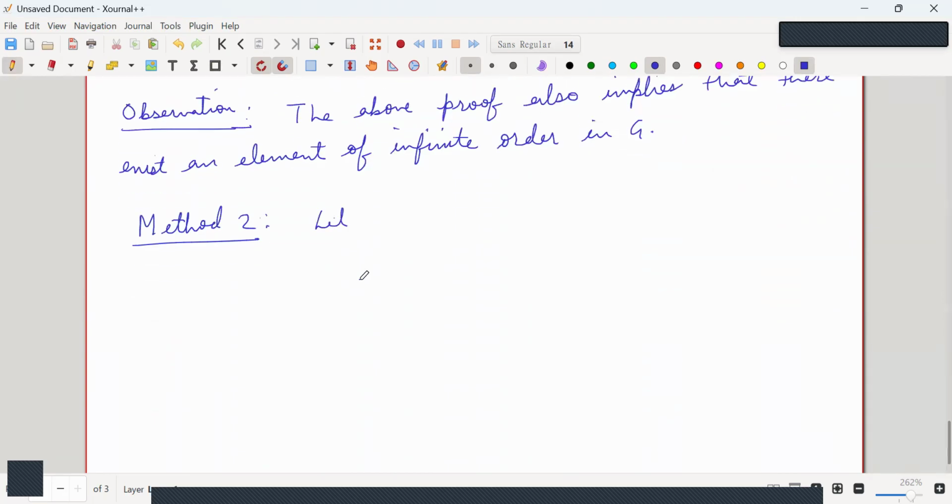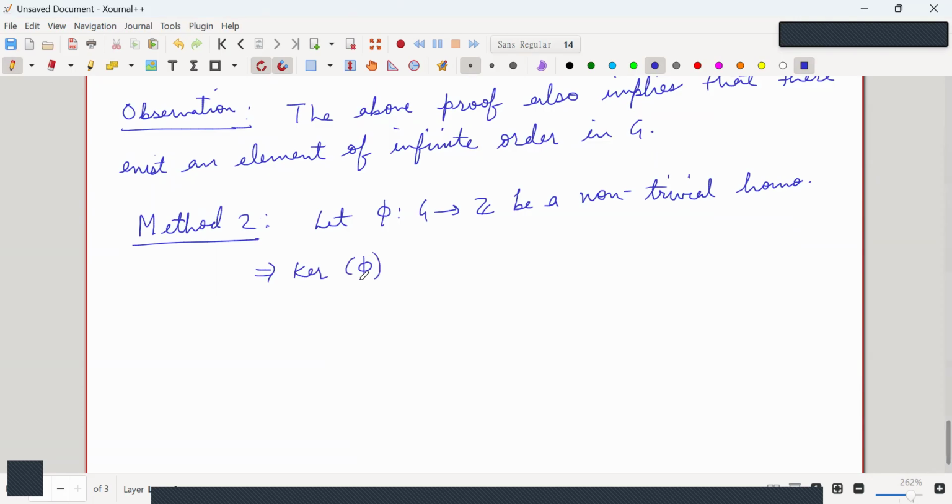So let phi from G to Z be a non-trivial homomorphism, then two things we can conclude.